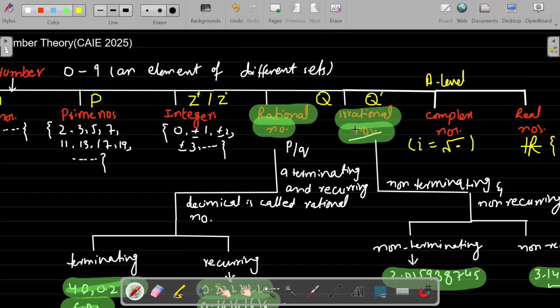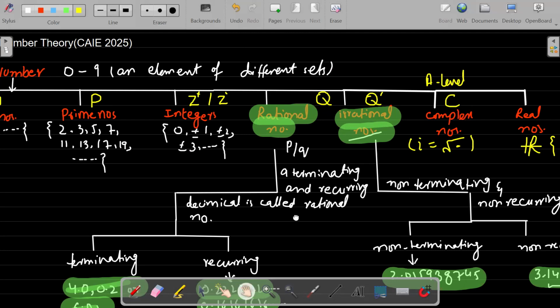These symbols P, Z, and Q can vary, but the major concept does not vary. And complex numbers are represented with capital C.